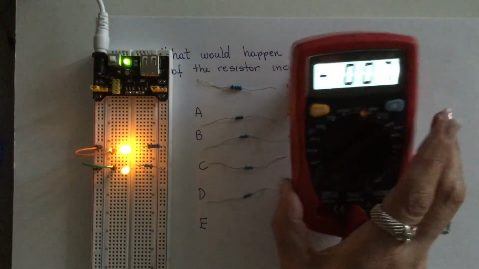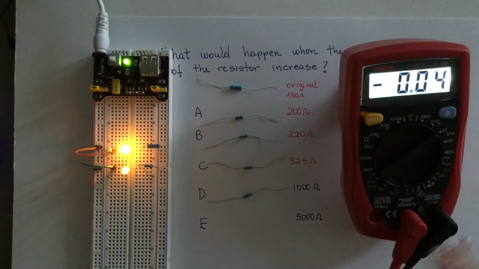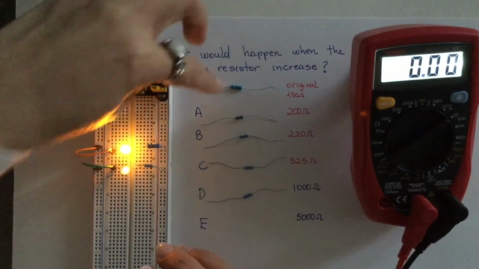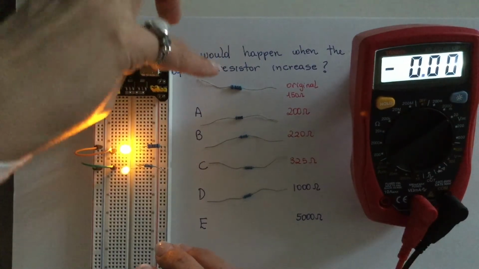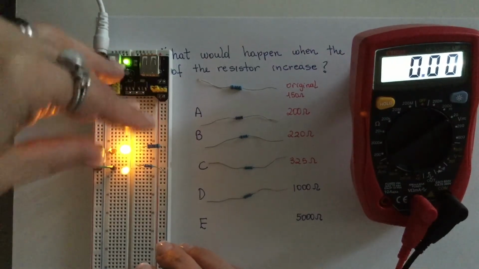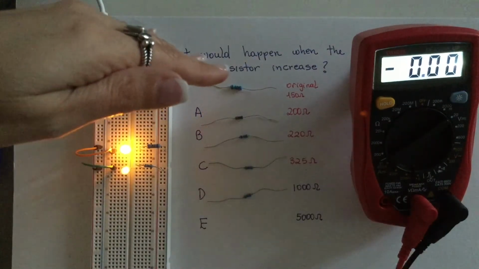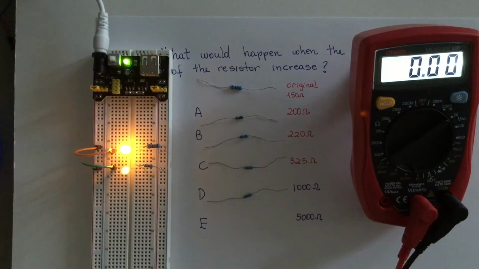And as a conclusion, if you want to install a LED and you are not sure if it's going to damage the LED, as long as you have its minimum value, which is 150 ohms in this case, because that matches with the operational requirements for the LED, which is 2 volts and 20 milliamps, that means that any resistor above 150 ohms will be safe to install in series with the LED to prevent any damage. So anyone will be safe.